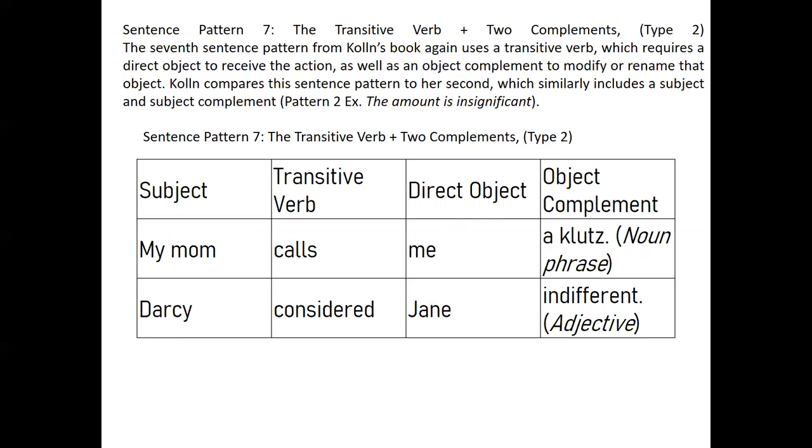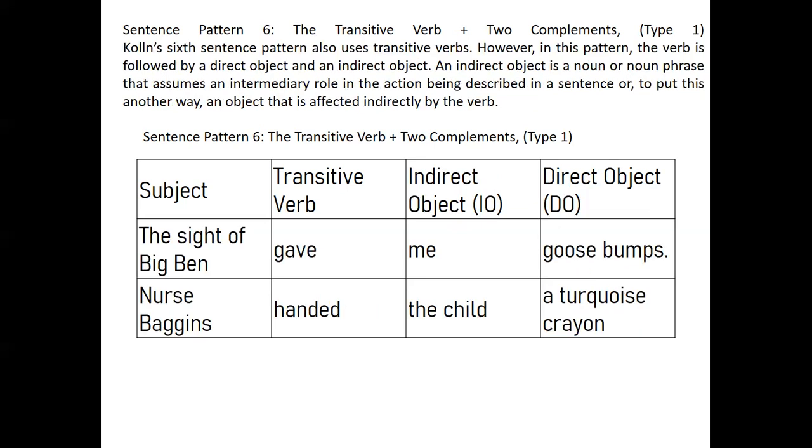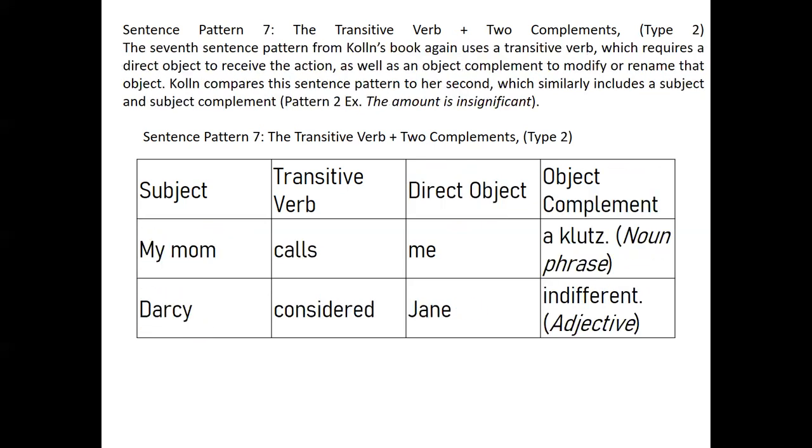Okay? So in pattern seven there is no indirect object that receives. For example, in my mom calls me, there is no object like that. For example, my mom gave me a crayon. So me is the indirect object, then the direct object is the crayon.